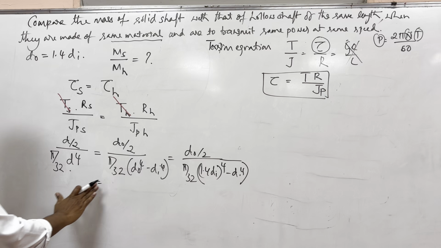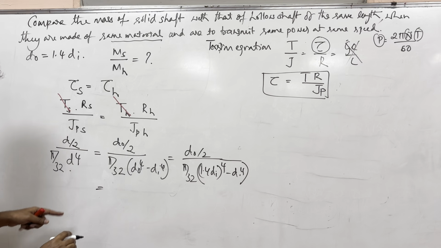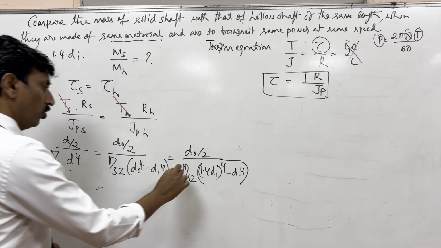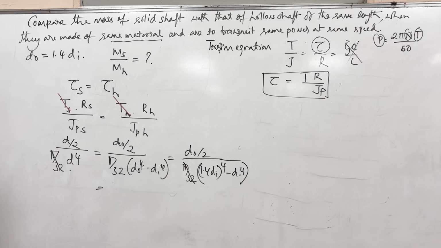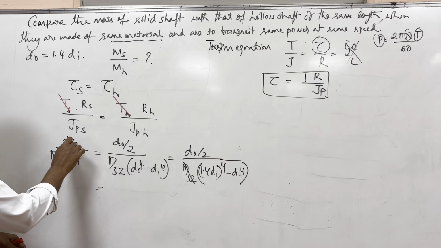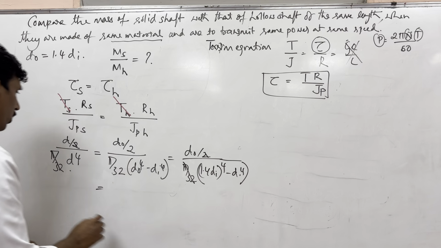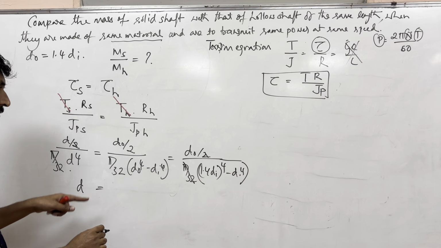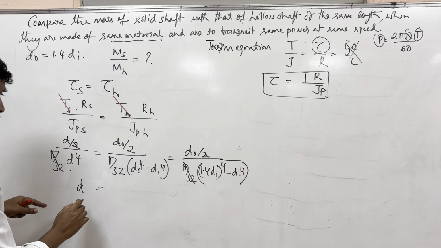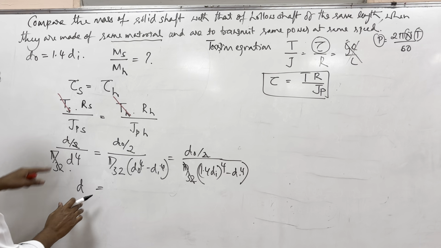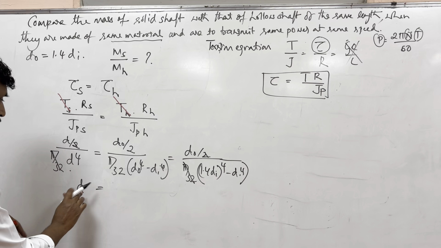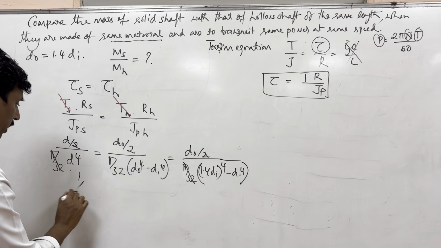Guys, can you equate this? You can understand that here the pi by 32 would cancel out, and of course the 2 and 2 will cancel out. What is left is D divided by, so 1 by D cube.